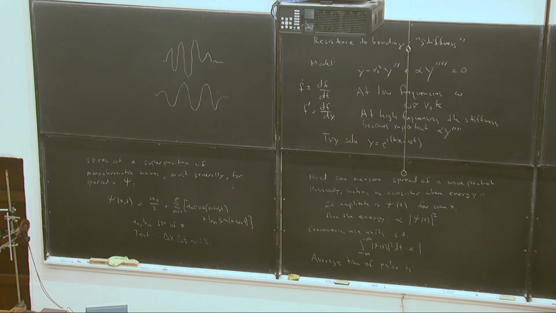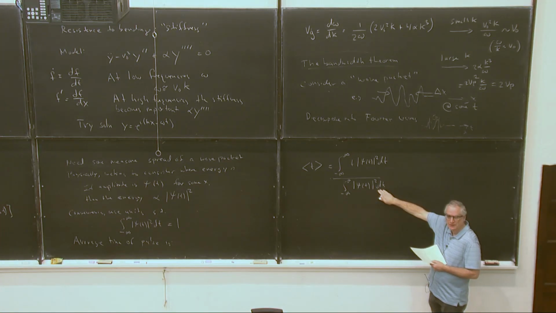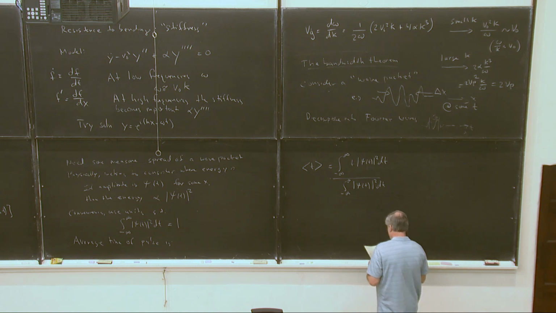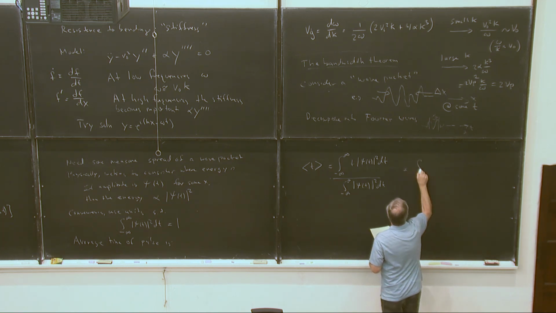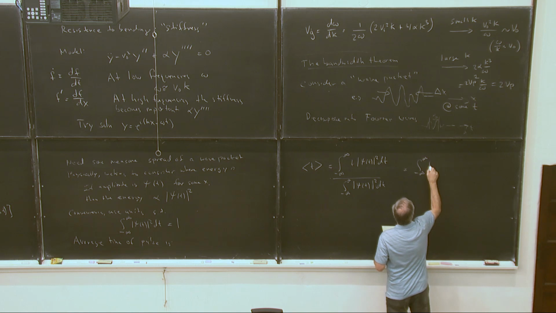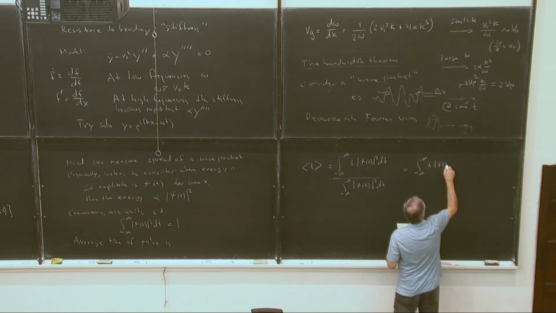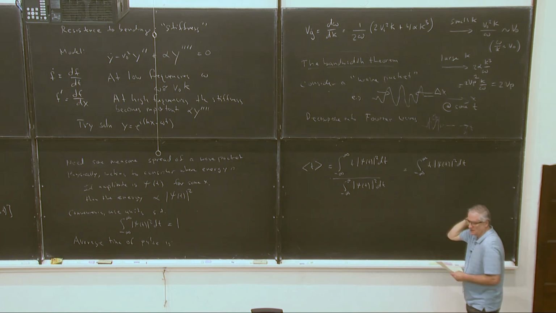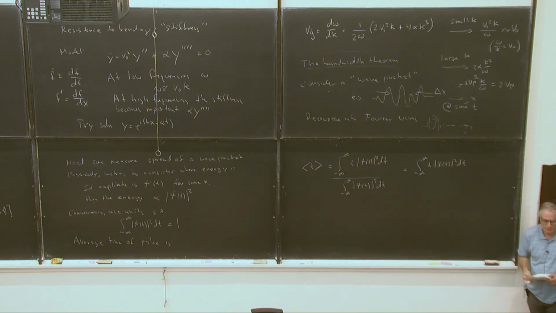Of course, it's all divided by the integral of psi of t squared dt to actually take the average. But I said I'm going to make that denominator equal to 1. I'm going to assume that's 1, so I don't have to worry about that denominator. So that's my average. It's the average time of my pulse.